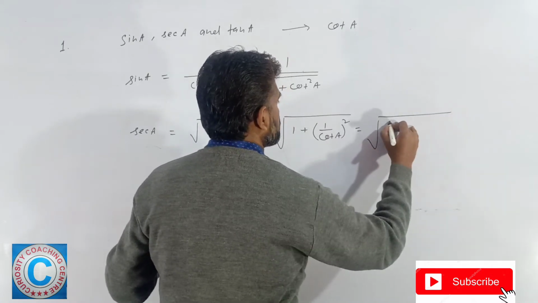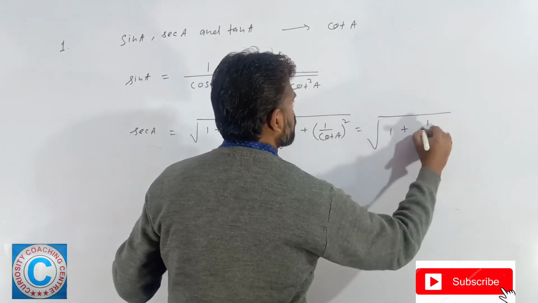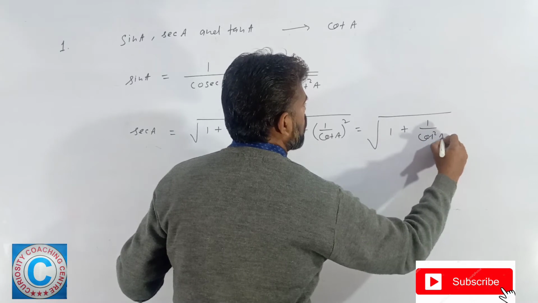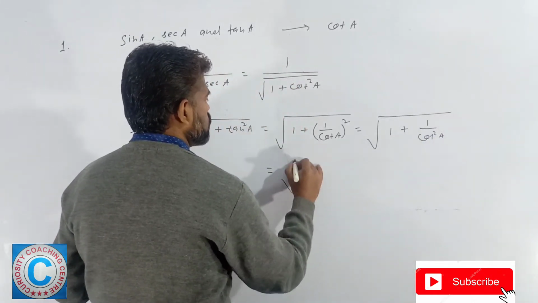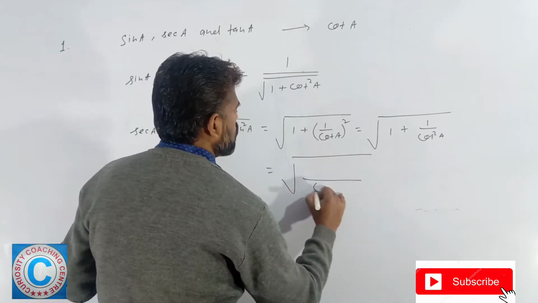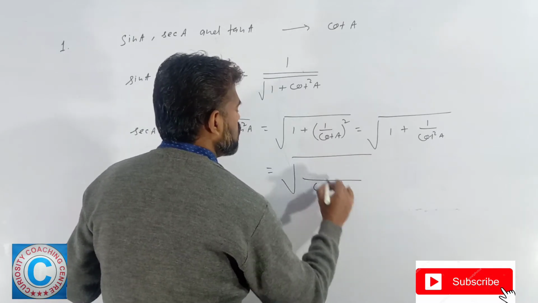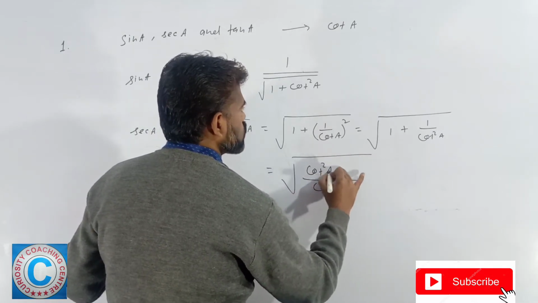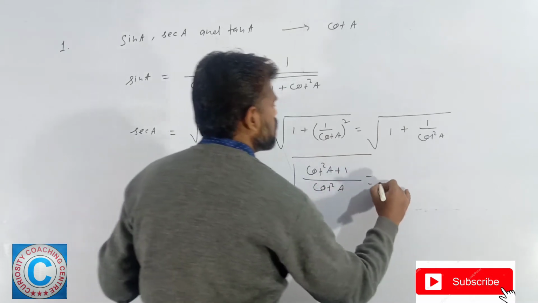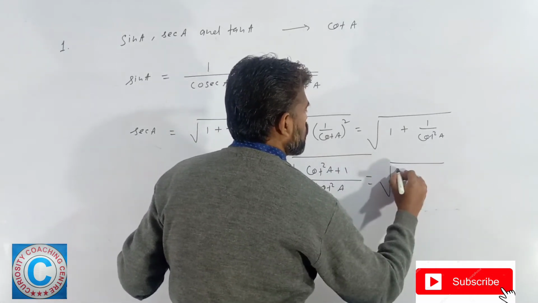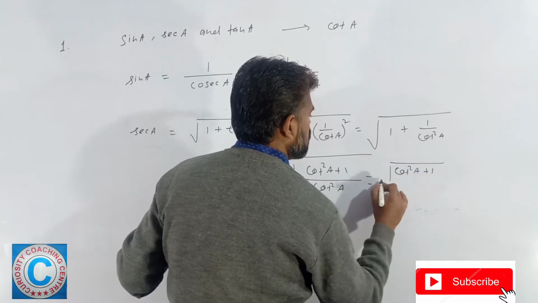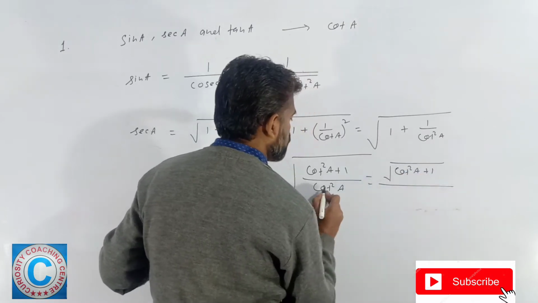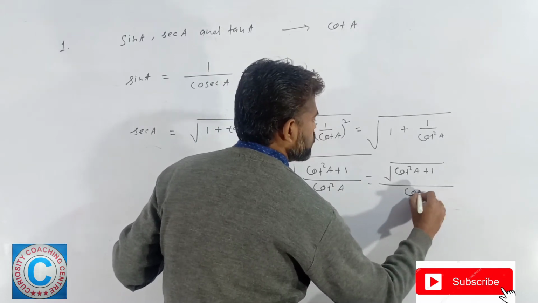Further, it can be written as square root of 1 plus 1 by cot square A, which equals square root of cot square A plus 1 by square root of cot square A, that is cot A.